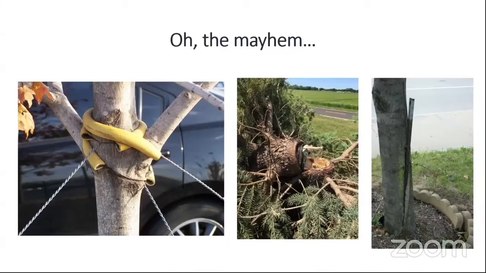So the concern here is not just the damage to the tree, but it also becomes a safety factor if kids want to play around the tree or climb it. So the best thing to do is just to carefully remove the top portion of this without damaging the tree, and then try to keep people away from it, unfortunately.